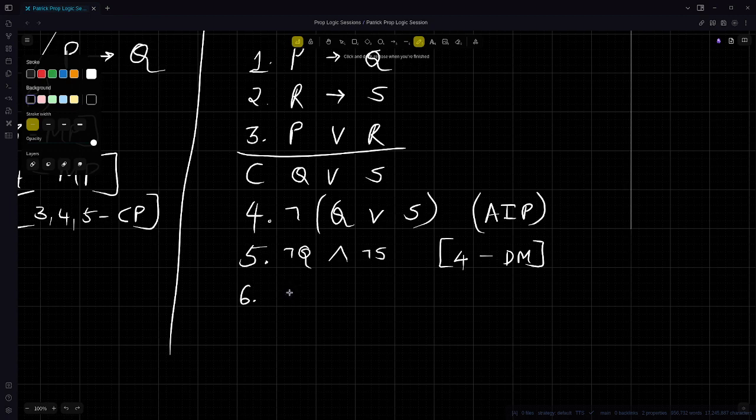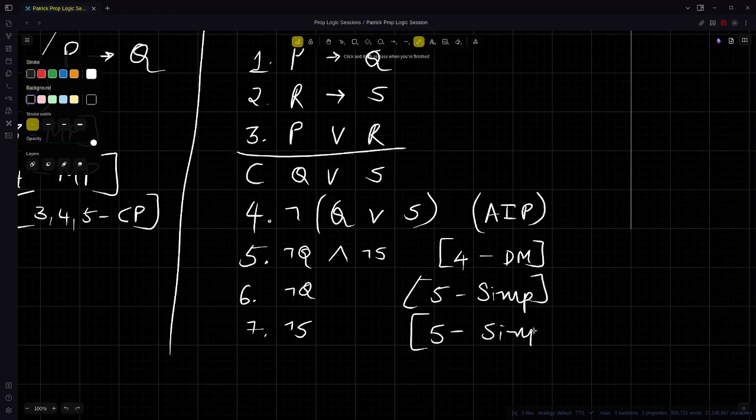It doesn't matter. Tell me what you would do. What's the next step? Well, you could just write one of them, not two. Exactly, so that's simplification. Okay, so I'll get this, and I'll write 5 simplification, and then I'll write 5 simplification.